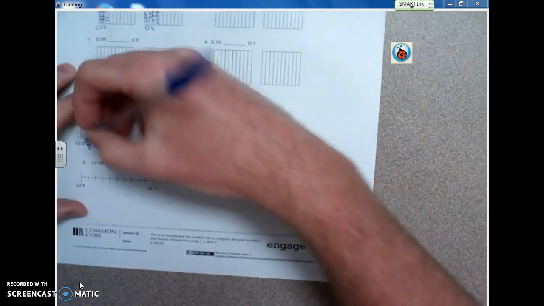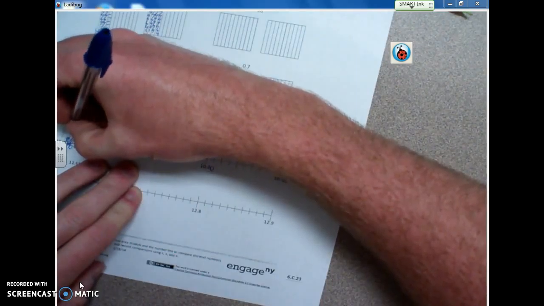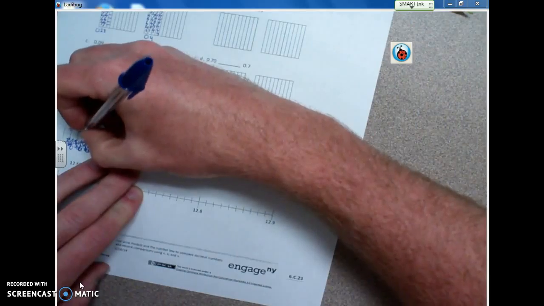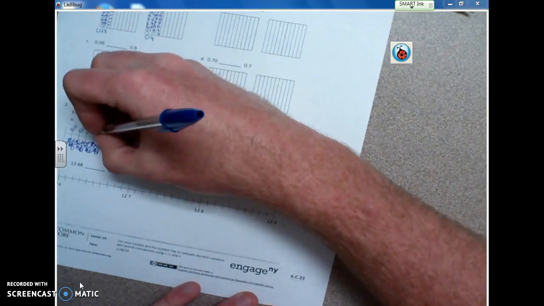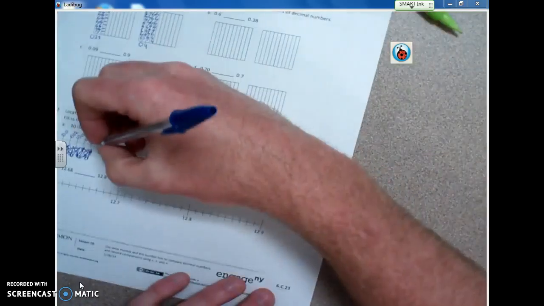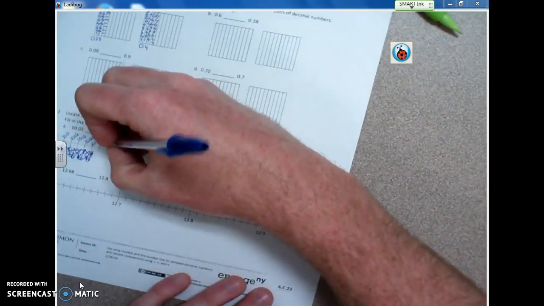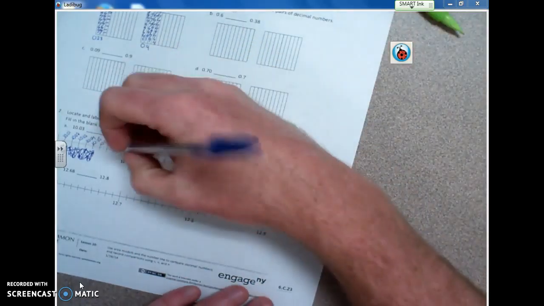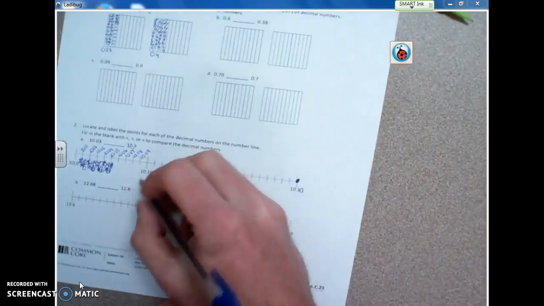So each of these is actually my hundredths. So this is 10 and 1 hundredth, 10 and 2 hundredths, 10 and 3 hundredths, 10 and 4 hundredths, 10 and 5 hundredths, 10 and 6 hundredths, 10 and 7 hundredths, 10 and 8 hundredths, 10 and 9 hundredths, 10 and 10 hundredths.